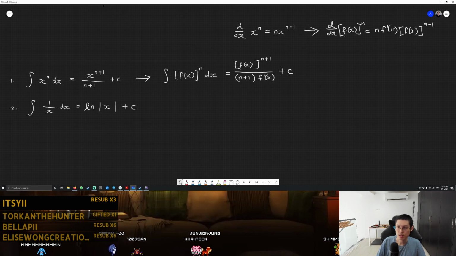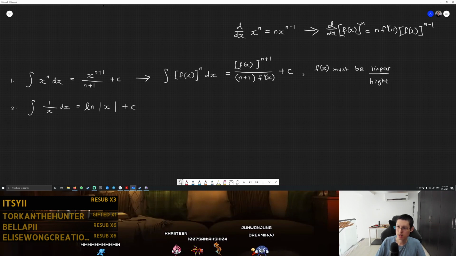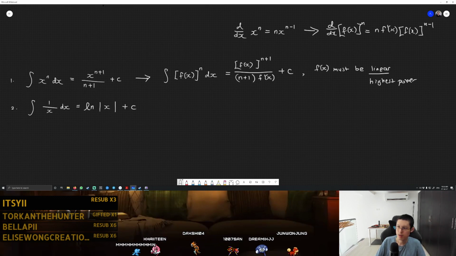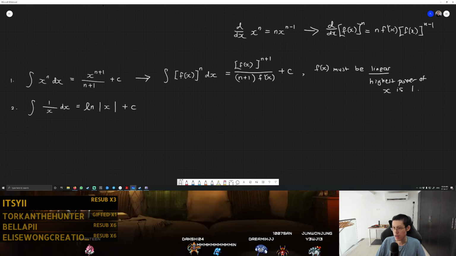But there is a caveat here: the condition is that f(x) must be linear. Linear means the highest power of x is 1. If it's anything greater than 1, this is going to fall apart and it's not going to work.